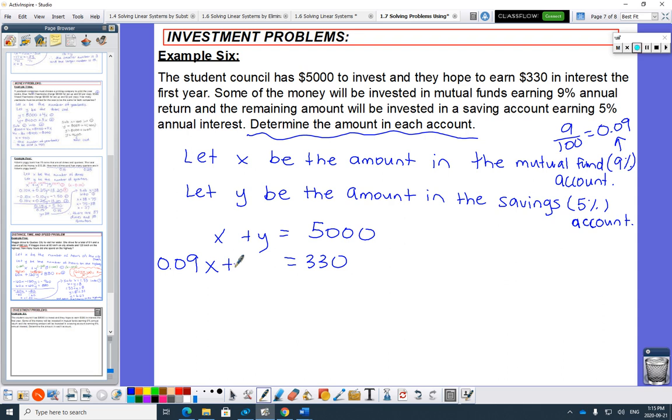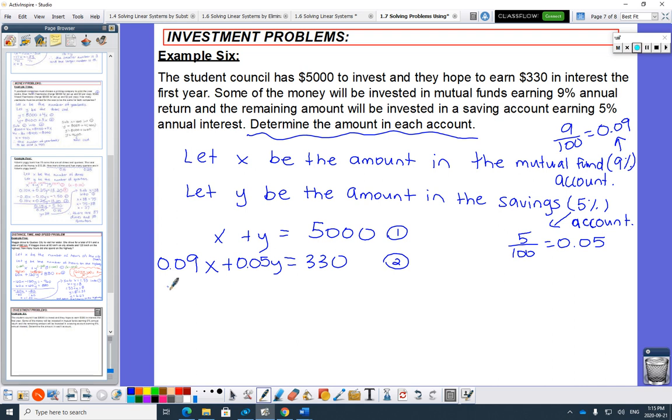And the savings is 0.05. I'll go back to substitution.